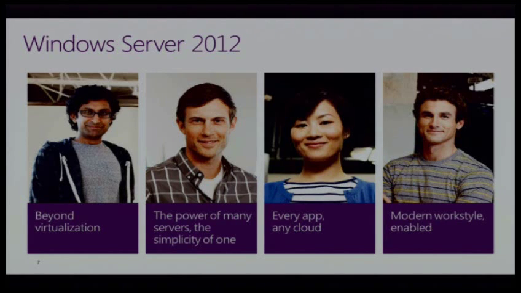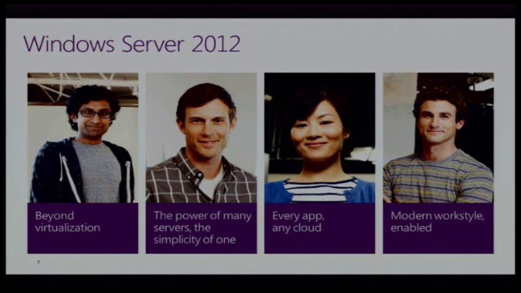Windows Server 2012 opens the door to every app on any cloud. Windows Server 2012 is a broad, scalable, and elastic web and application platform that gives you the flexibility to build and deploy applications on premises, in the cloud, and in hybrid environments through a consistent set of tools and frameworks.